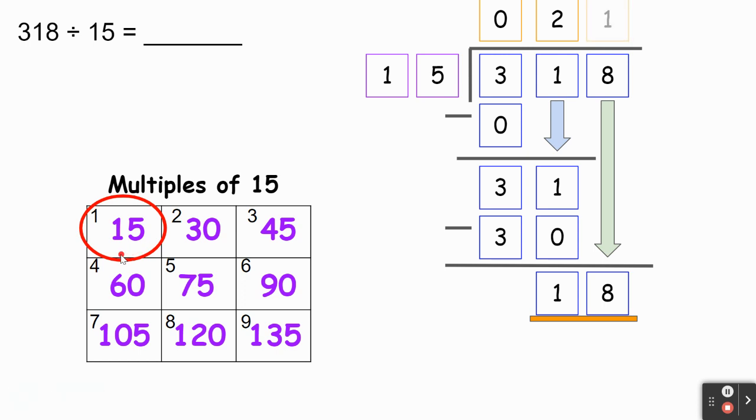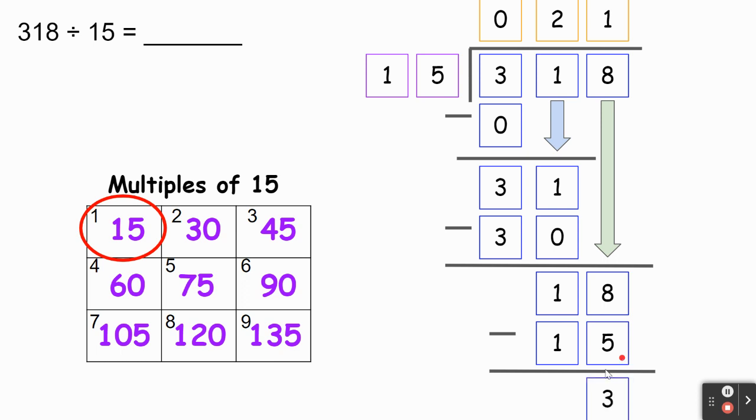So we're going to put a 1 up in the ones place here, showing we're giving each group 1. If we have 1 in each group, and there are 15 groups, we're sharing a total of 15 ones. If we subtract, we had 18 ones and we're sharing 15 of them. That means we have 3 ones left over.